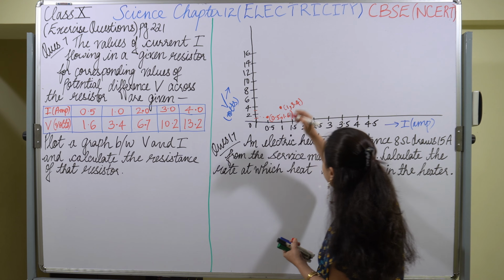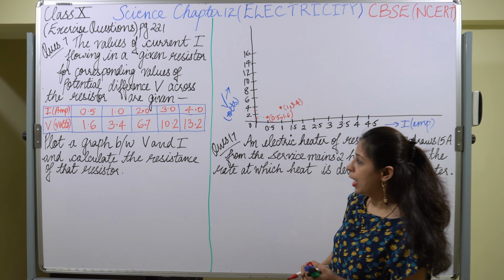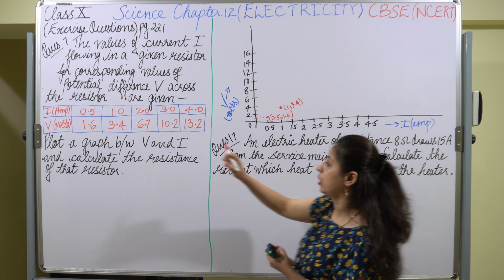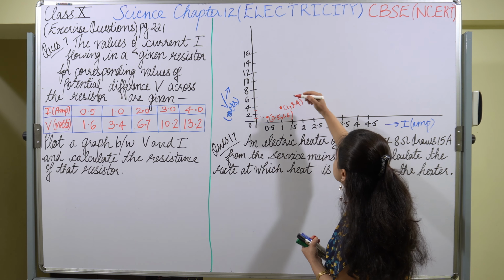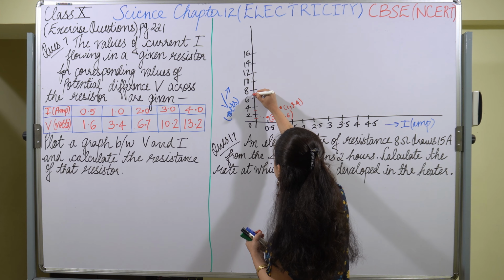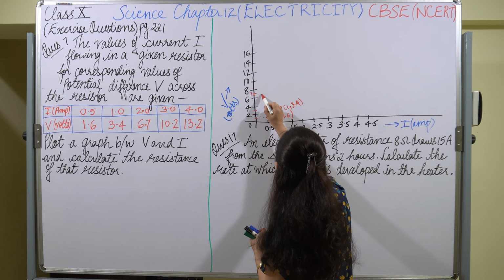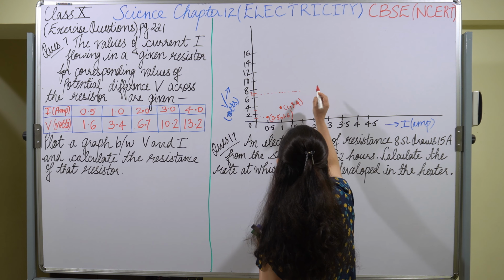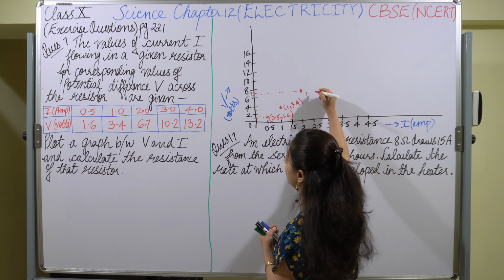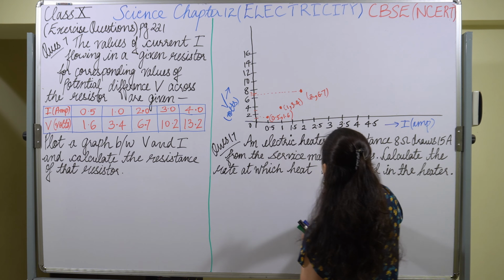So we can mark it as 1 comma 3.4. Then the next point is at 2, and the value of V is given as 6.7. So 2 is here, 7 is here, so 6.7 would be just before 7. So this would be 2 comma 6.7.